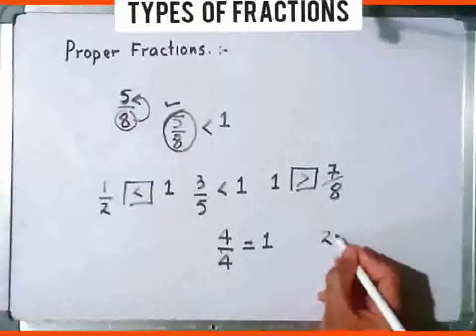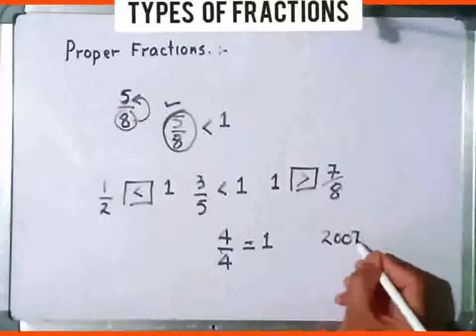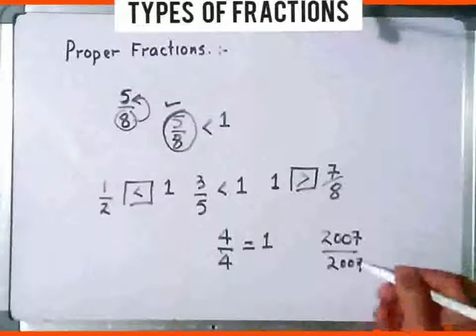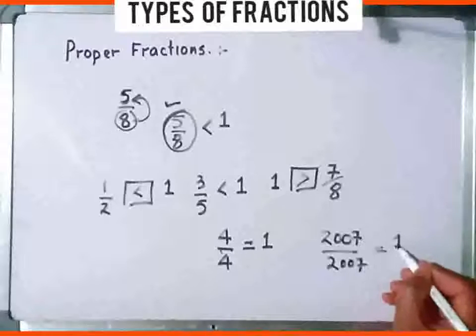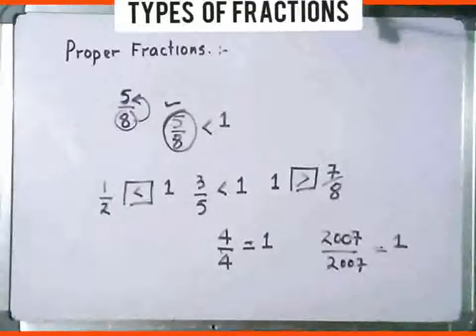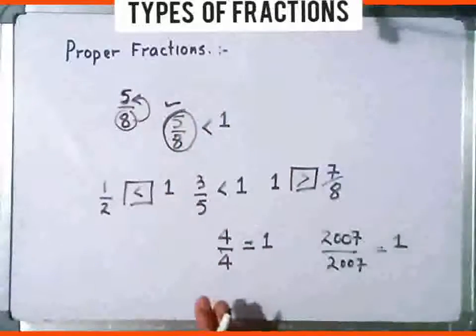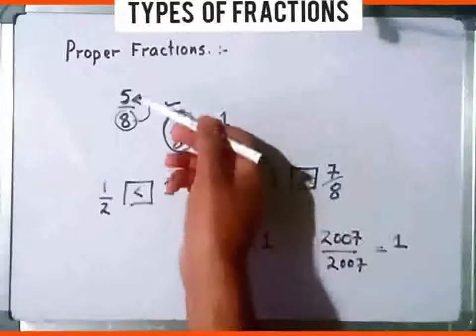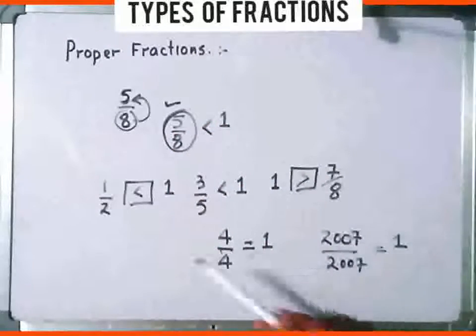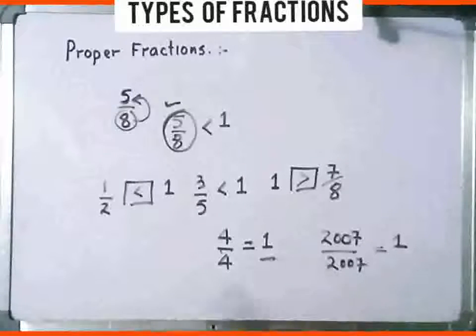For example, 2007 divided by 2007: in this case also numerator and denominator are equal, so this fraction is also equal to 1 whole, right? So proper fractions are always less than 1, and when the numerator and denominator are equal, that fraction is equal to 1 whole, right?